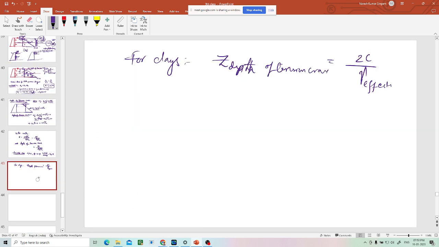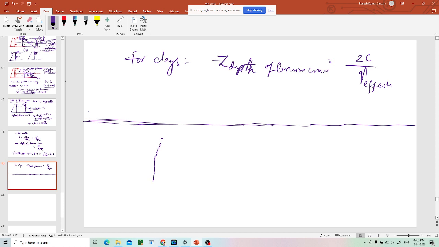Another thing I just want to tell. Now if you see again, tension crack is forming, then something like this. So there is a retaining wall.